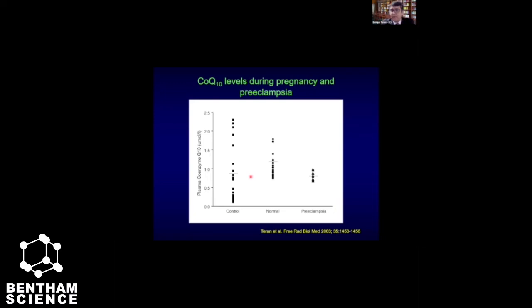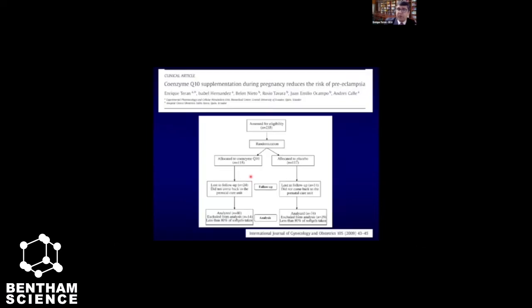So to confirm this, and again, to raise the point of whether lower Q10 levels during preeclampsia are a consequence or the reason why the disease develops, we decided to set up a clinical trial giving Q10 to pregnant women early in pregnancy and following them up to see the late onset of preeclampsia.